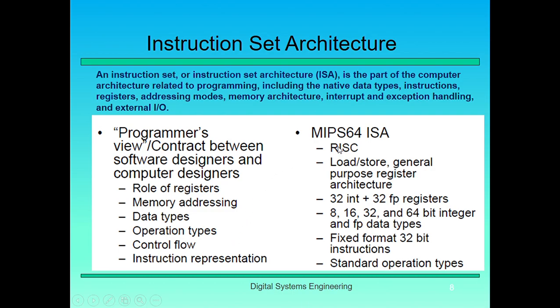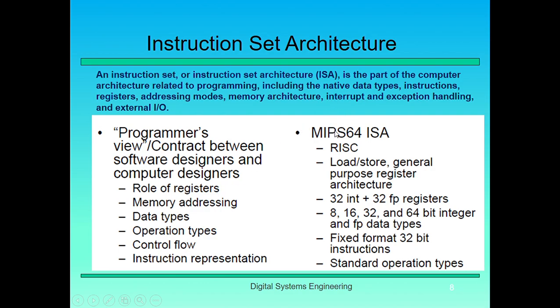Here we have the table for our MIPS 64 instruction set architecture, and you can see the programmer's view, basically the contract between software designers and computer designers. These are a few points you need to know as a software and hardware engineer: the rules of the registers, memory addressing, data types, operation types, control flow, and instruction representation.